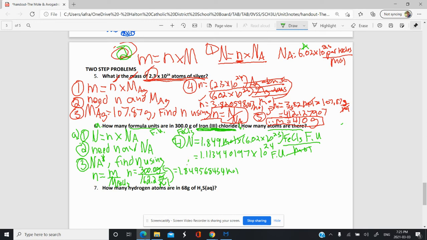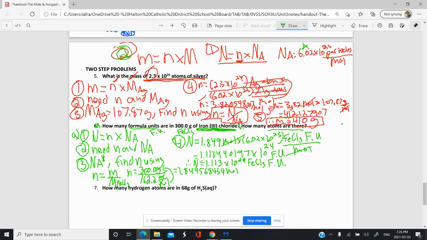So therefore, n is equal to approximately, we want to do 4 sig figs, 1.113 times 10 to the power of 24 FeCl3 formula units. And so that was for part A.